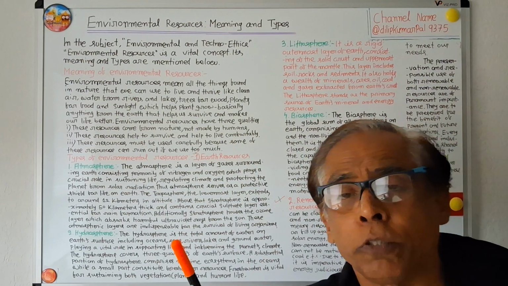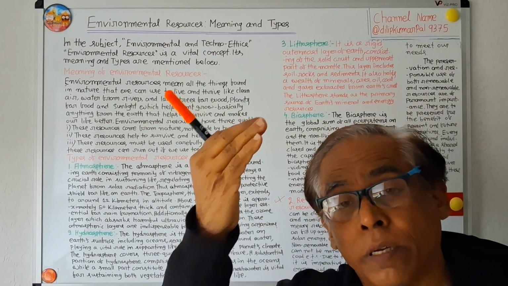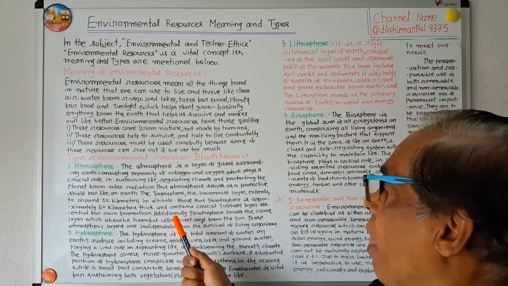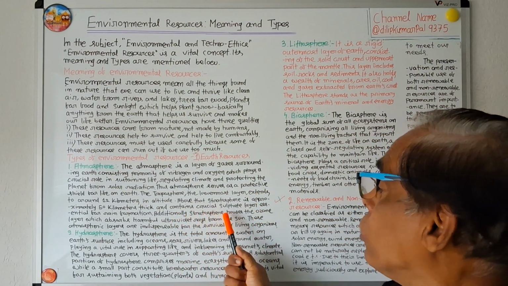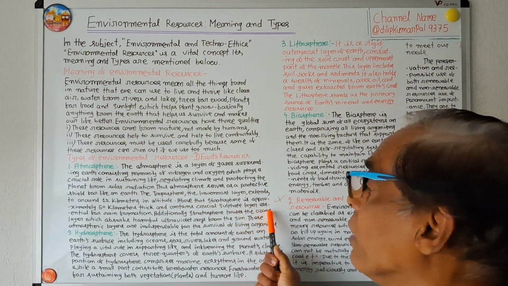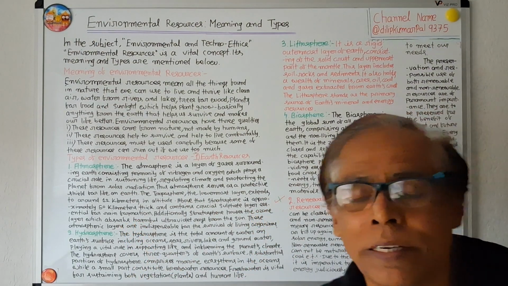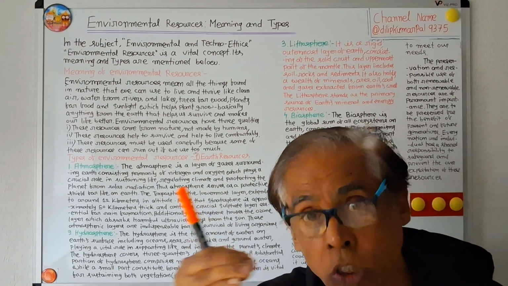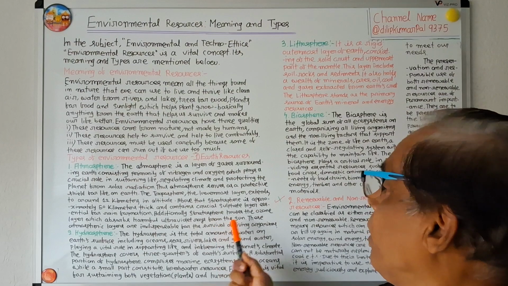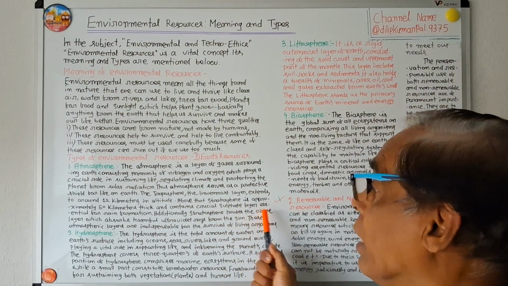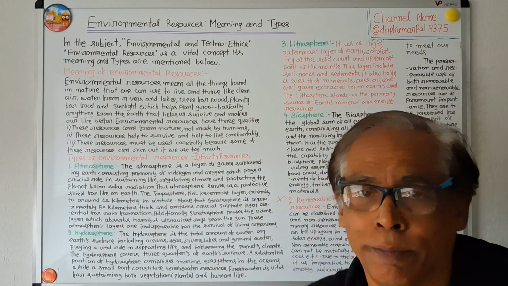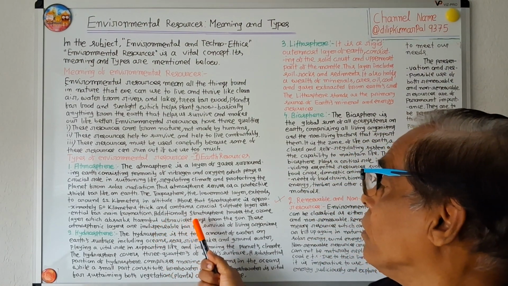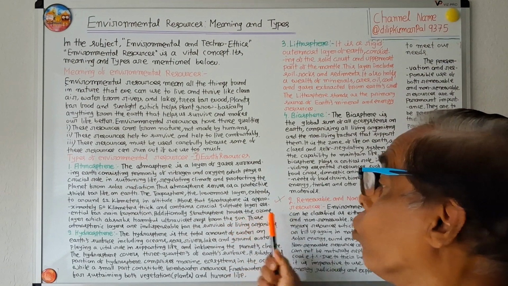Just above the troposphere is the stratosphere, which is about 50 kilometers thick and contains a crucial sulfate layer essential for rain formation. Additionally, the stratosphere houses the ozone layer.